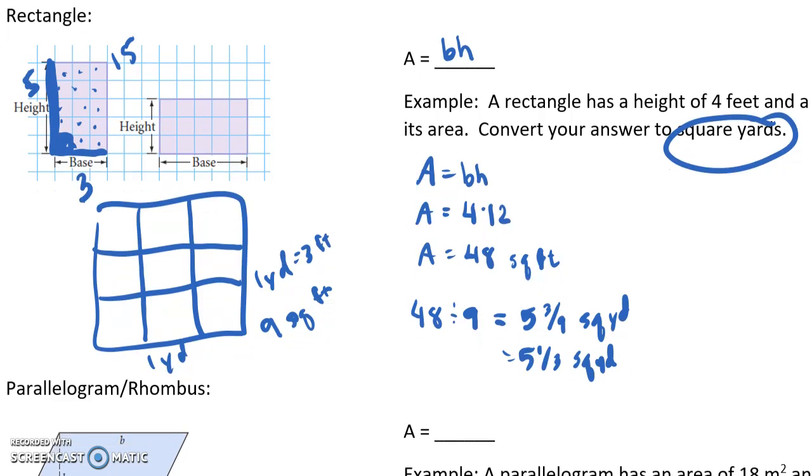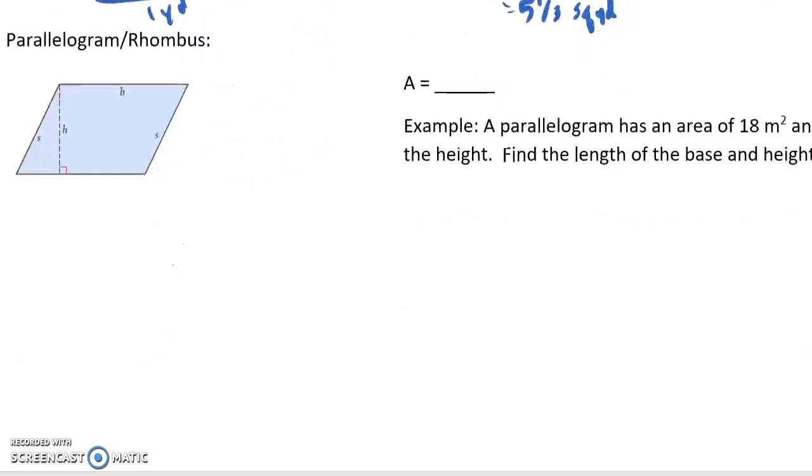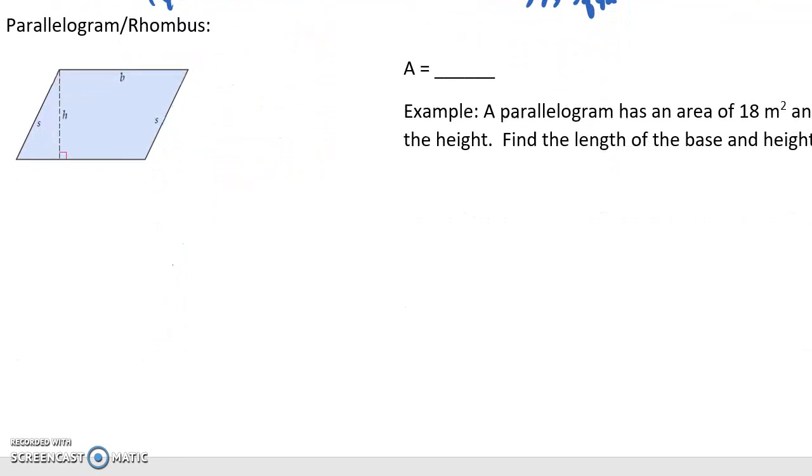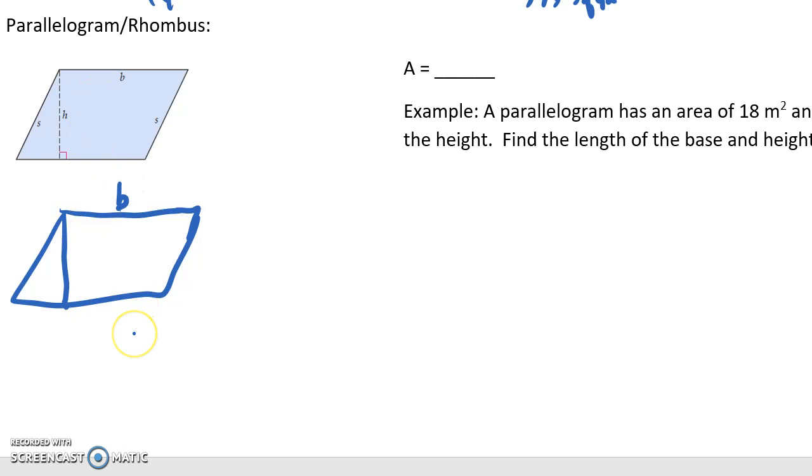Okay. So now let's move on to a parallelogram or a rhombus. And again, this is where this area addition postulate comes into play. So what I want you to do is think about this parallelogram that we have above. I'm just sketching it out here. Think about this height here, and the base is here.